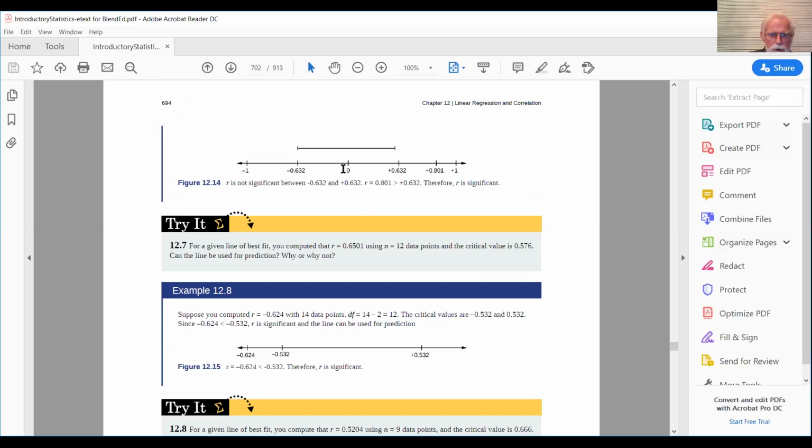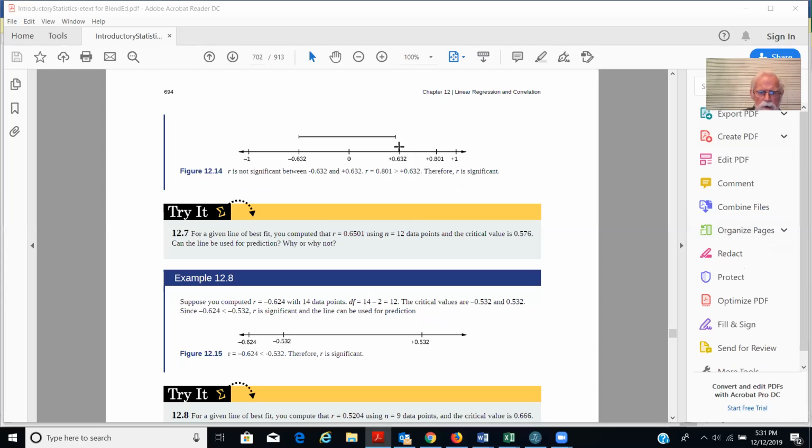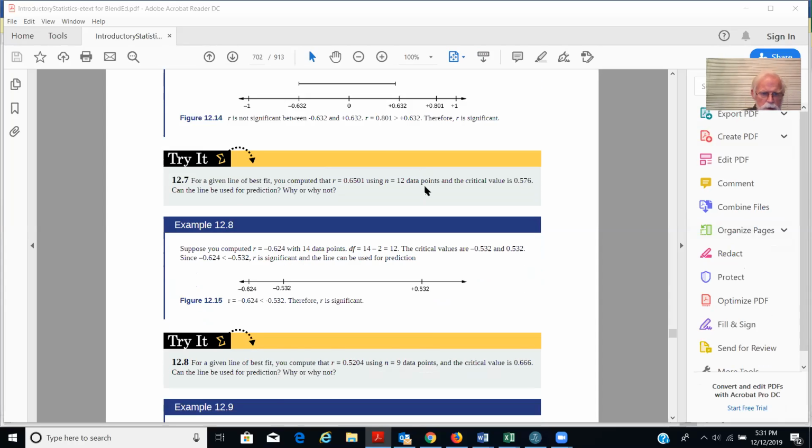If we look at our actual calculated value, this is a statistical formula, and determine that it is higher than this 0.632, we consider it significant.